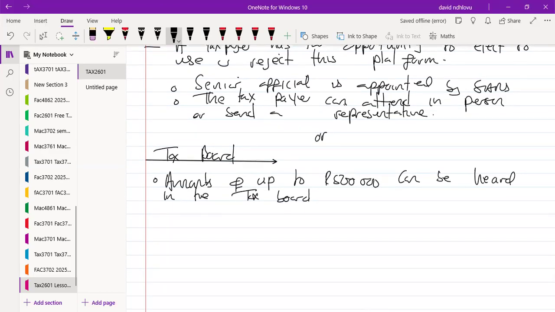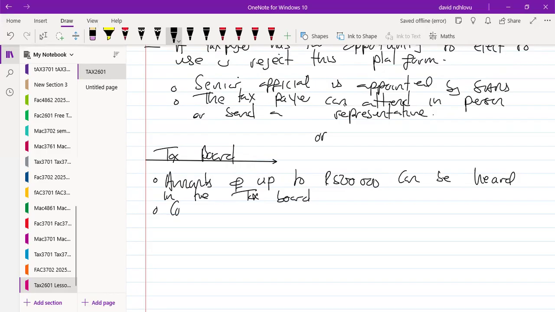Now, the tax board here, we need a judge here? Who sits on the tax board? There is no judge in the tax board.